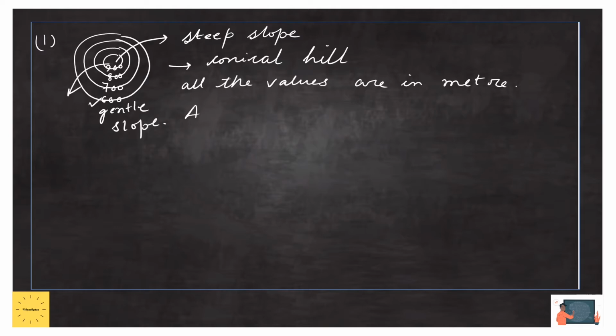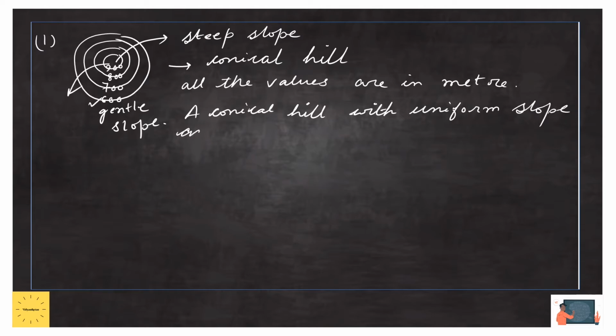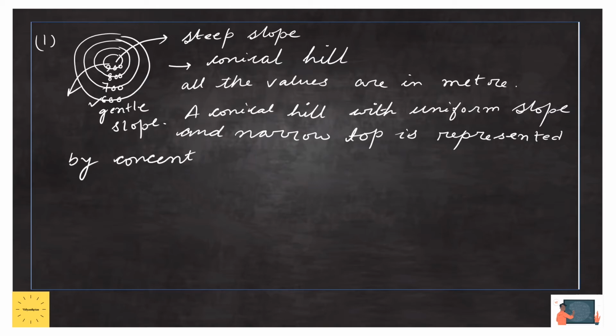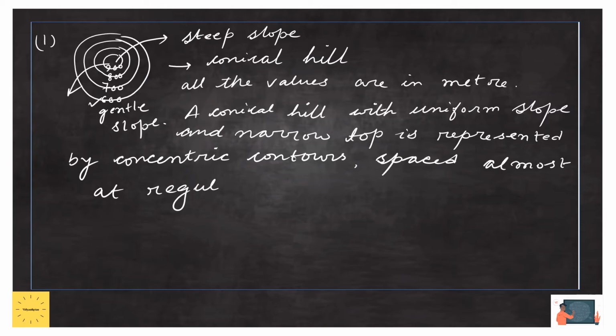So a conical hill with uniform slope and narrow top is represented by concentric contours spaced almost at regular interval, right?